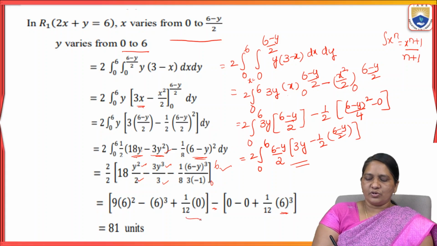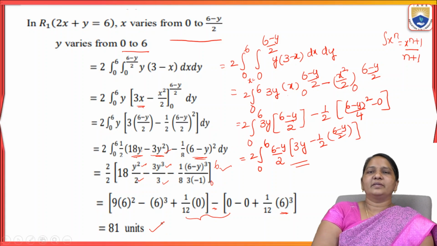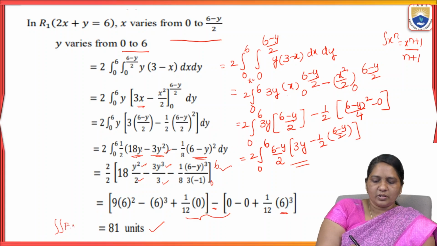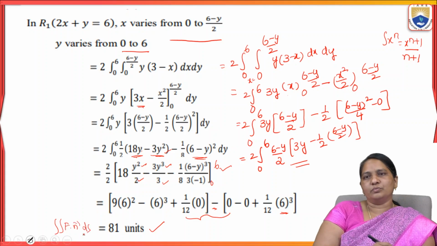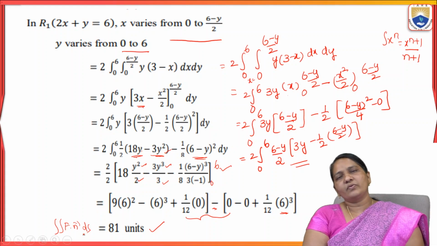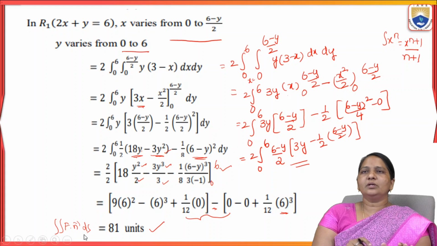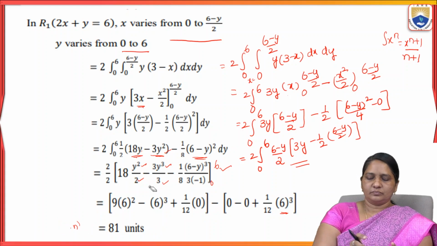Finally, when you simplify this, you get 81. What is this value? The double integral over S of F bar dot n bar dS. So this is the way we can evaluate the surface integral by using the projection of the plane.